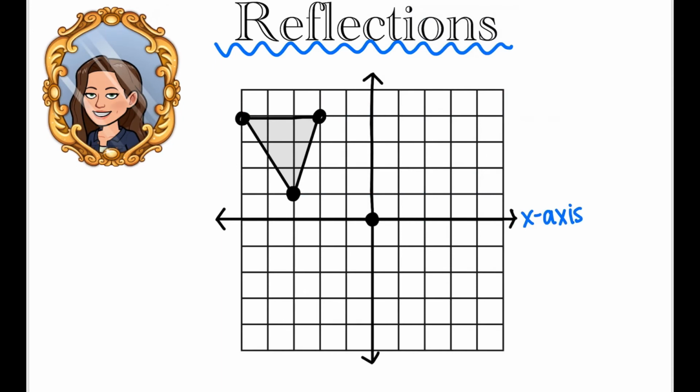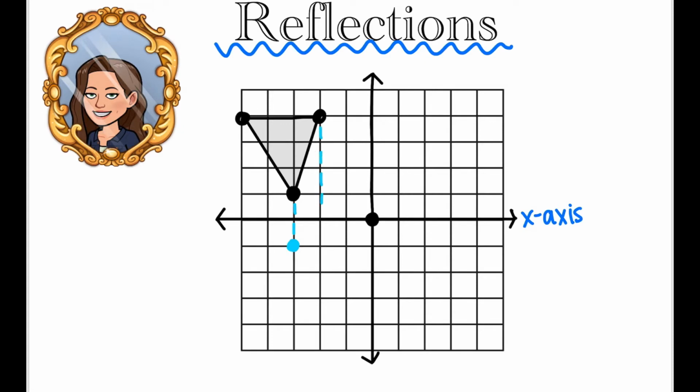Now let's look at a reflection over the x-axis. You could probably guess that this is very similar to reflection over the y-axis. It's essentially the same process. The points are now being flipped over the x-axis. So at this point, (-3, 1), we now put that point on the opposite side of the x-axis.